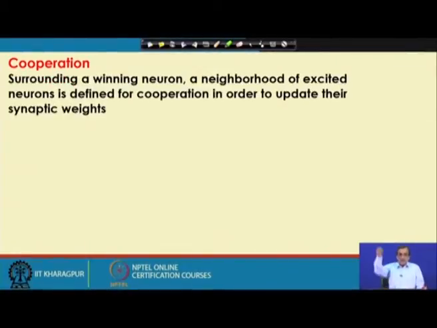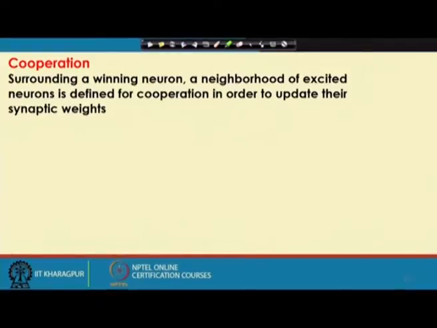Once we have got this particular winner, now there will be some sort of updating. Now, there will be a cooperation. Corresponding to the ith data point on the input layer, I have got one winner, that is nothing but the winner connecting weight, and surrounding that winner, we are going to design one neighborhood, and generally we take the help of some sort of Gaussian distribution to represent the winner and its neighborhood.